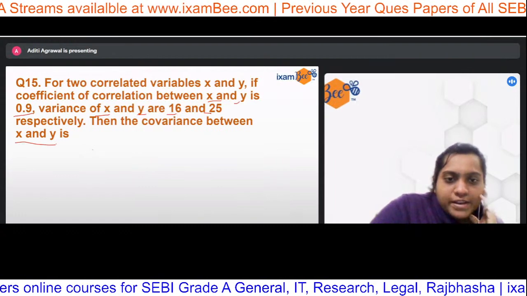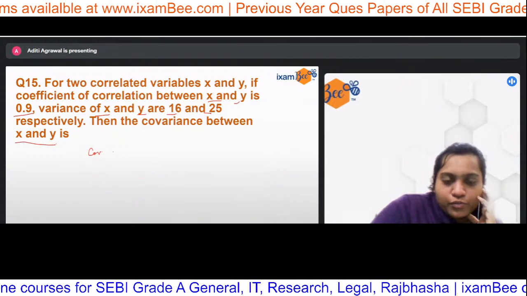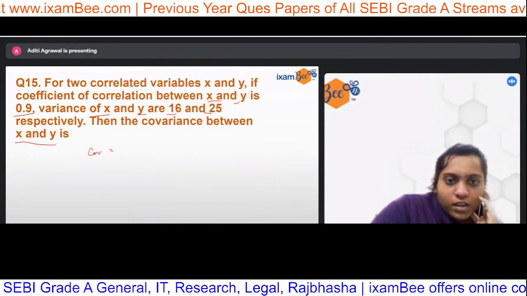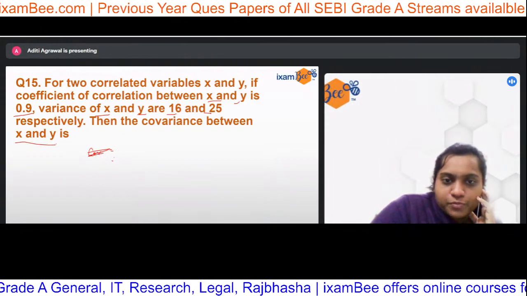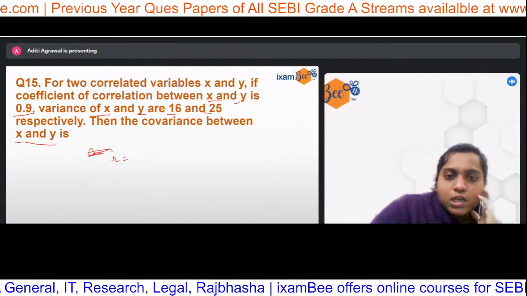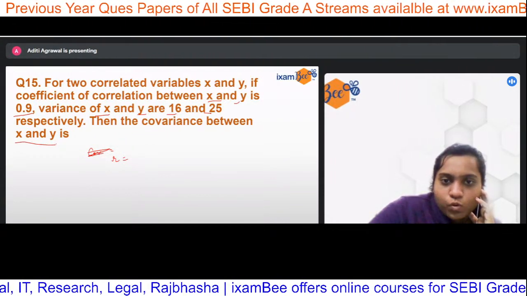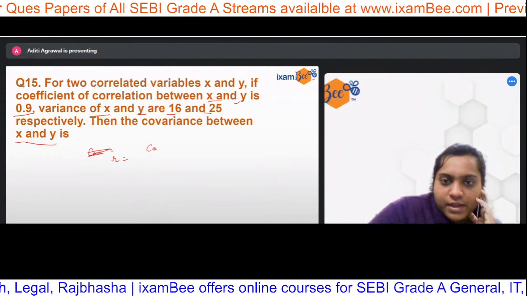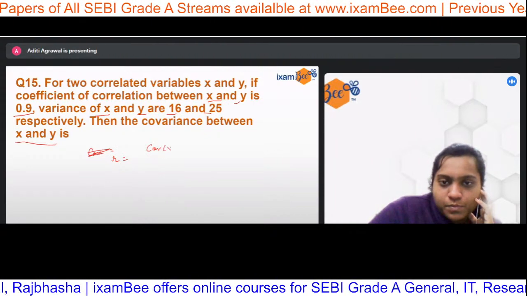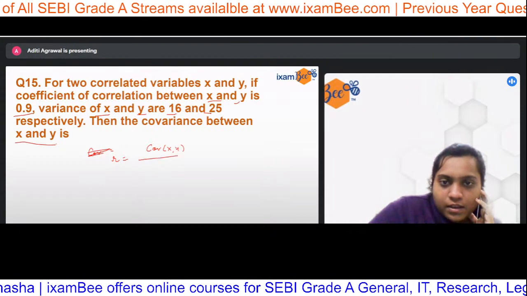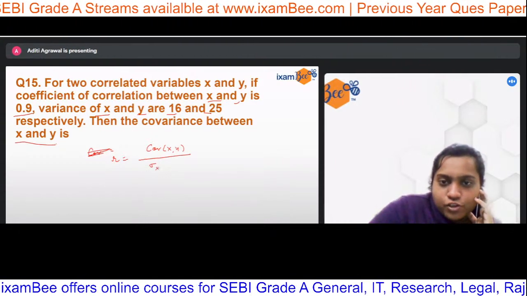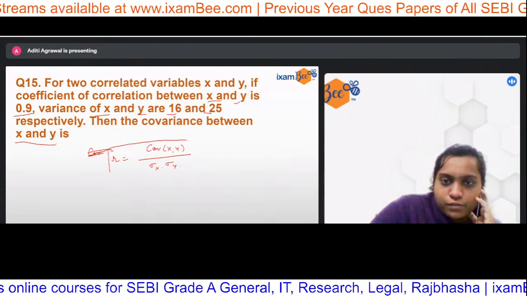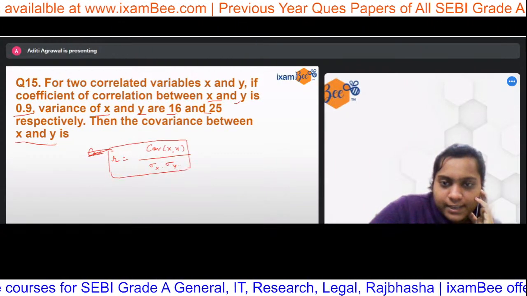So covariance basically tells you how the two variables vary together, and the formula describing the relationship between the coefficient of correlation and the covariance is that the coefficient of correlation is equal to the covariance between x and y upon the standard deviation of x times the standard deviation of y. Right? This is the coefficient of correlation between x and y.